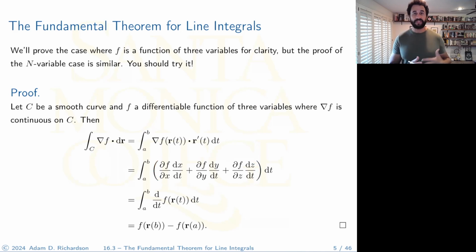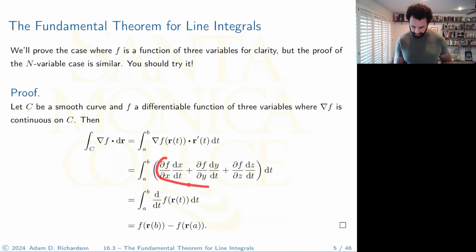Now we can re-express this using a derivative because this is really just an instance of the chain rule that we learned back in, oh man, I think it was somewhere in chapter 13, the multivariable chain rule. But this is really the derivative of this composition, f of r of t.